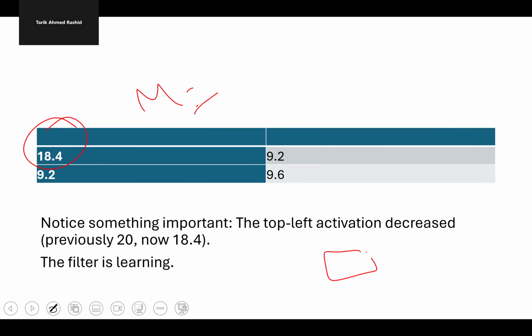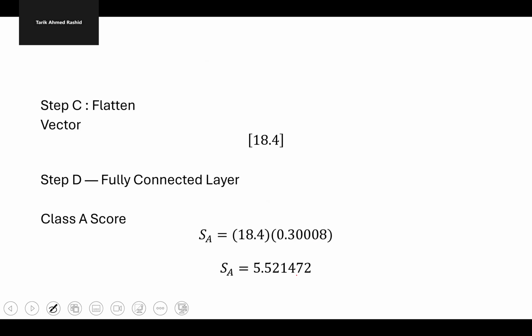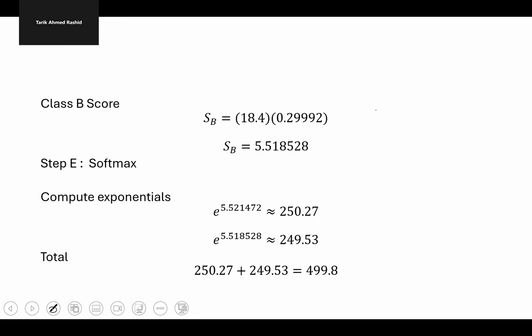And then we flatten to 8.4 as a one-dimension vector instead of matrix. And then multiplied by updated weight for output layer, WA and WB, and this is your Z, which is 18.4. Then you will receive SP and SA, and softmax you find out.